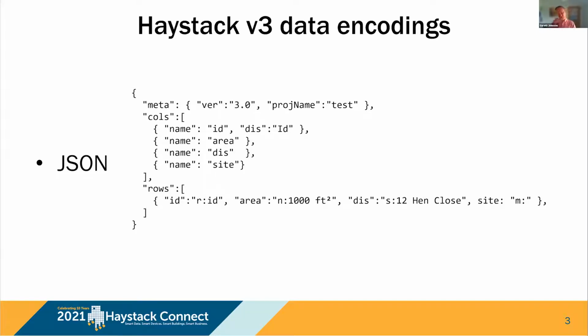So when you've used a JSON parser, you then also have to parse out the fact that, hey, there's an R and there's a colon, so it must be a ref, okay? But that takes some extra work. Even a number's not a number because we've got the units embedded in it. So we've got area, n:1000, and then you've got the units after that. So throughout this, even though it's JSON, you still have this extra work to do.